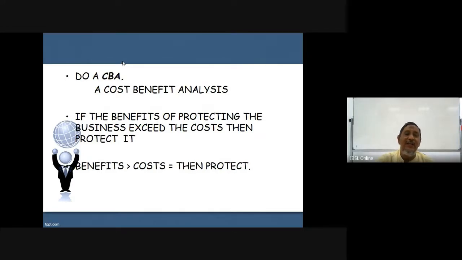If the cost is higher than the benefit, then don't go for any process. Leave it out. That's the principle behind that. Very simple principle. This is not only for a very large business. You also do cost benefit analysis.